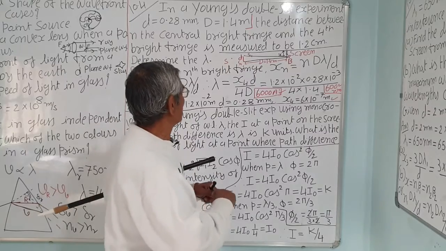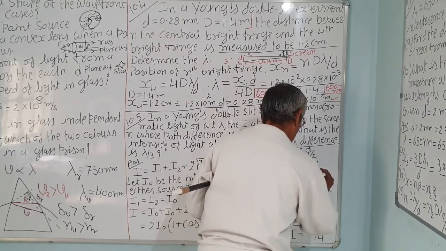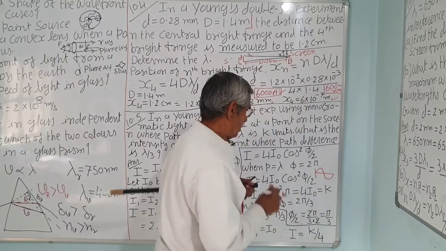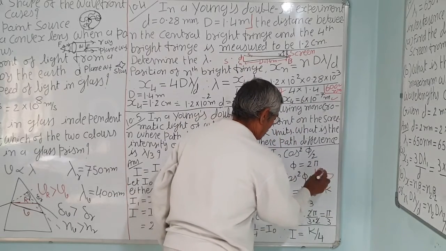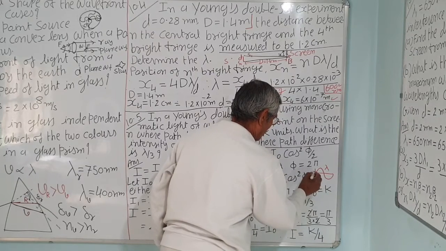What is the phase difference between 2 points? You have studied this already in the 11th. Suppose the distance is lambda, what is the phase difference?